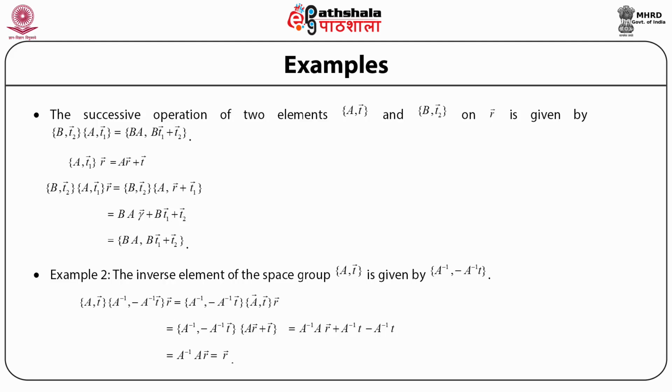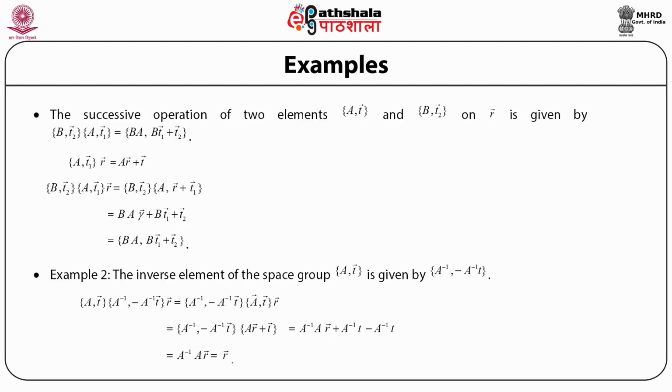See, the operation {A|T} multiplied by the operation {A^-1|-A^-1 T} acting on R is, by the definition of group multiplication given above, equal to {A^-1|-A^-1 T} acting on AR plus T, which is equal to A^-1 AR plus A^-1 T minus A^-1 T, which is equal to A^-1 AR, which is equal to R. Therefore, this is the inverse element.